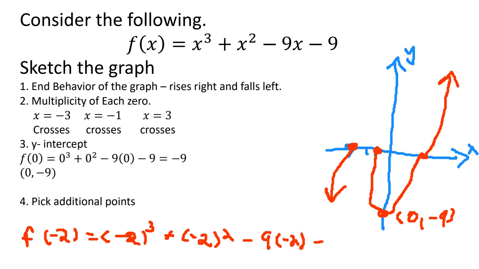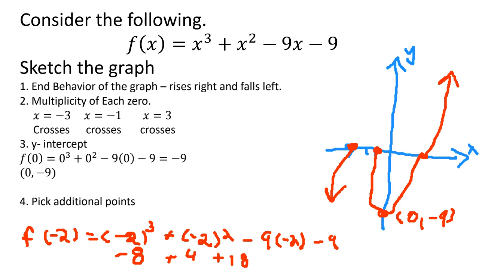Here the -2 cubed would give me -8. -2 squared would be +4. And -9 times -2 would be +18.